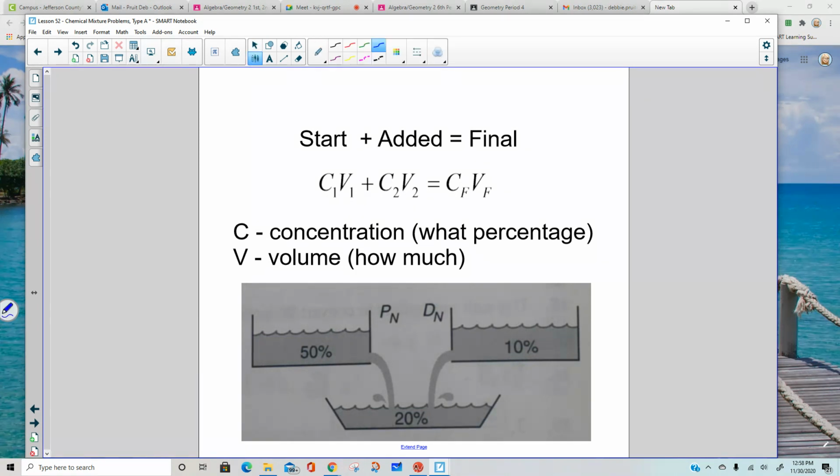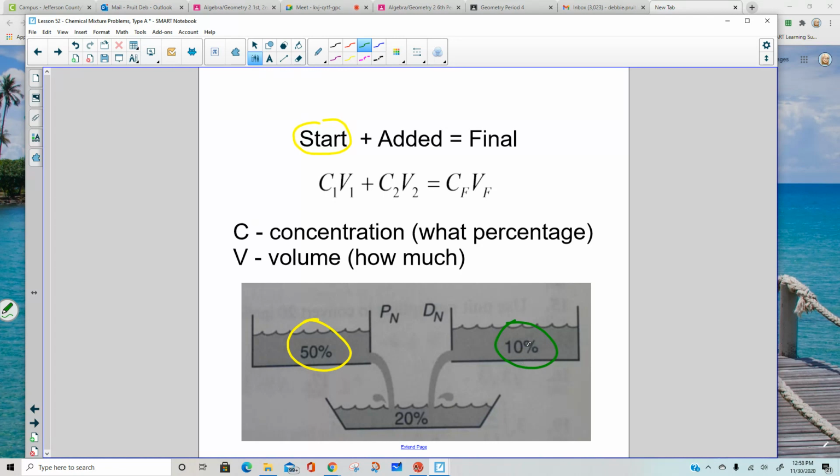I've got two beakers basically. So I have a beaker that's 50% concentration of a certain ingredient, and that's what I'm starting with. And then I'm going to add something from a second beaker that has a different concentration, let's say 10%.